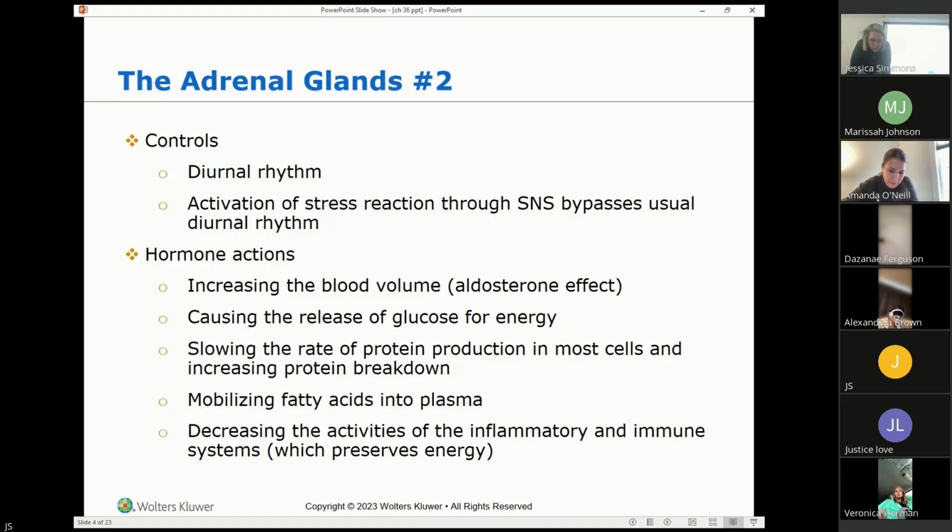It responds to adrenocorticotropic hormone, which is ACTH, released from the anterior pituitary. ACTH in turn responds to corticotropin releasing hormone, which is CRH, released from the hypothalamus. This happens regularly during a normal day in what is called the diurnal rhythm.